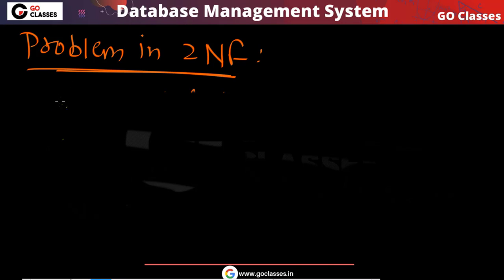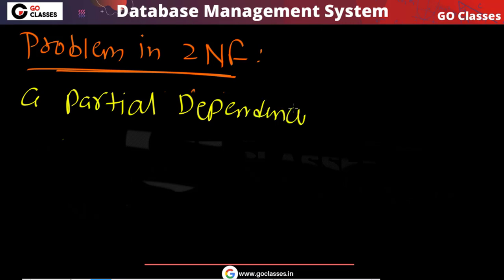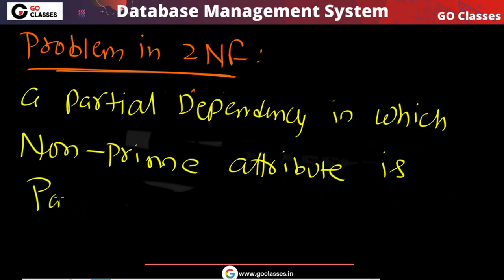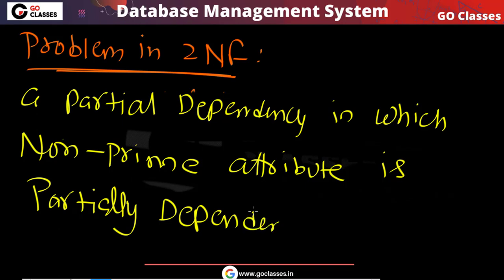Remember this type of partial dependency, in which some non-prime attribute is partially dependent on some candidate key. This type of partial dependency is a problem in 2NF.